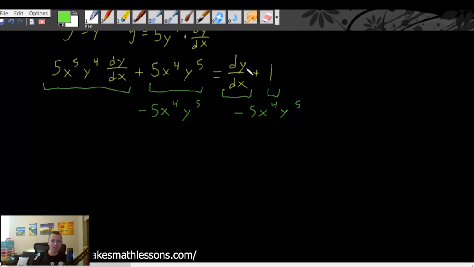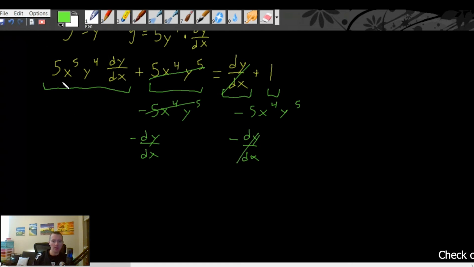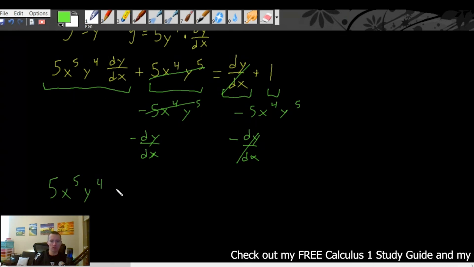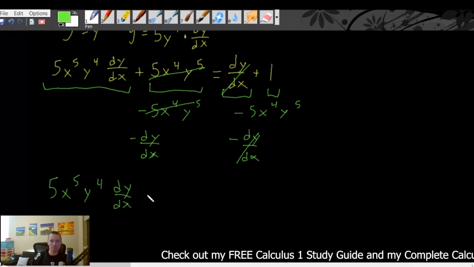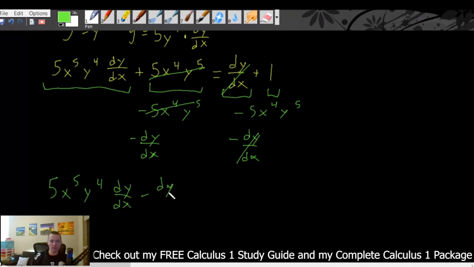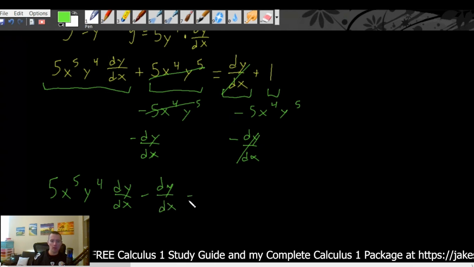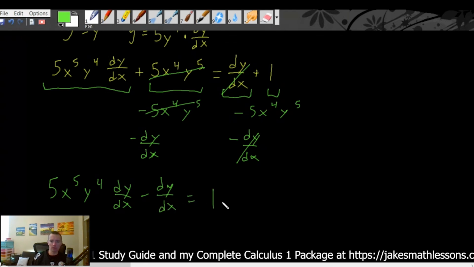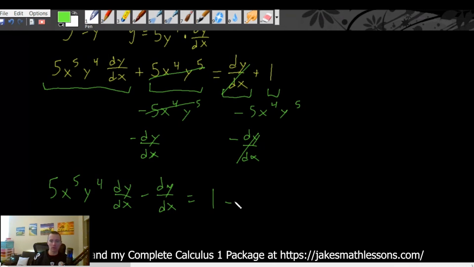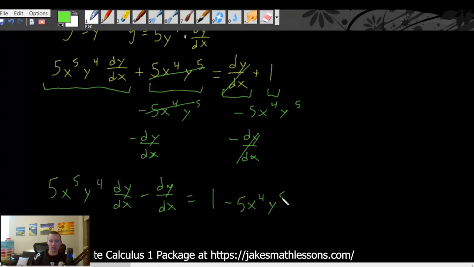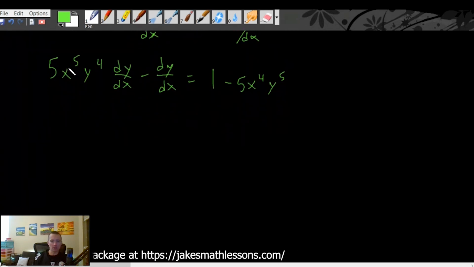And then we have a dy dx term over here, which we want to subtract from both sides of our equation, so that we cancel this one from the left side, we cancel this term from the right side, and then what we are left with is this 5x to the 5th, y to the 4th, dy dx, minus the dy dx from the right side, and then equals this 1 that was over here on the right before, minus 5x to the 4th times y to the 5th.